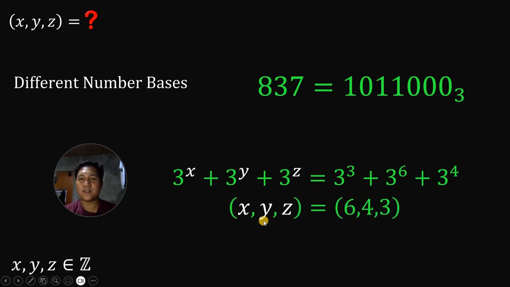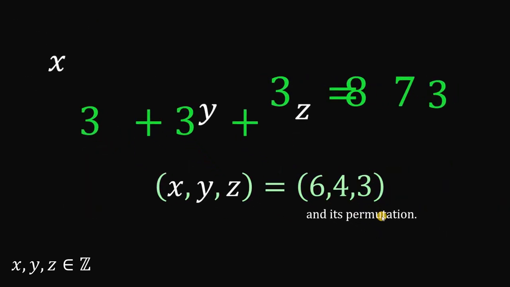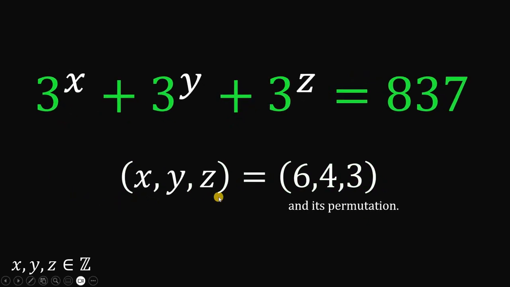So our answer to this question, the integer values of x, y, and z given this equation, must be equivalent to 6, 4, and 3, and their permutations. Therefore, the integer values of x, y, and z that satisfy the equation 3 raised to x plus 3 raised to y plus 3 raised to z equals 837 are 6, 4, 3, and their permutations. And as always, we are done.